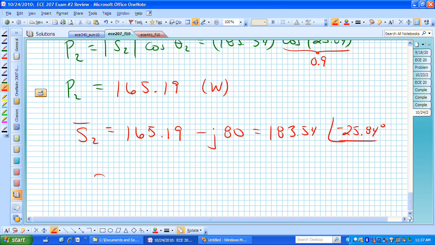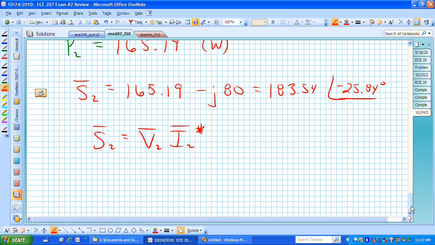That we can use in our complex power expression to find the conjugate of our current flowing through that load, and then we can take the conjugate of that current to find the actual series current going through both of the loads. That will then allow us to solve for V sub 1, which I can then use KVL to sum up V1 and V2 to find our source voltage V sub S.